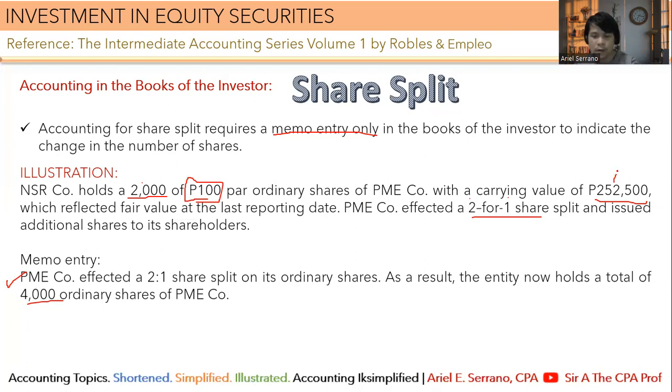Kasi dati 252,500 divided by 2,000 ka lang. Pero ngayon dahil naging 4,000 yung shares mo, yung 126.25, hinati din natin sa dalawa. Okay? So, ganyan lang po ang maaaring mangyari after initial recognition and prior to any disposal of your equity instrument measured at fair value.